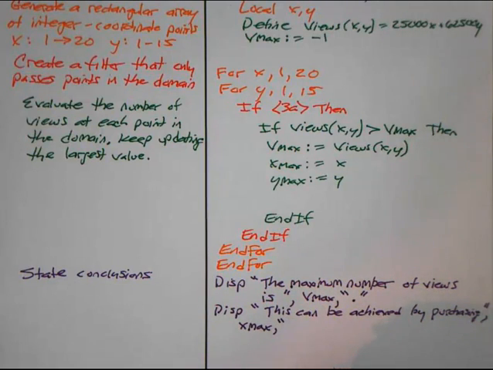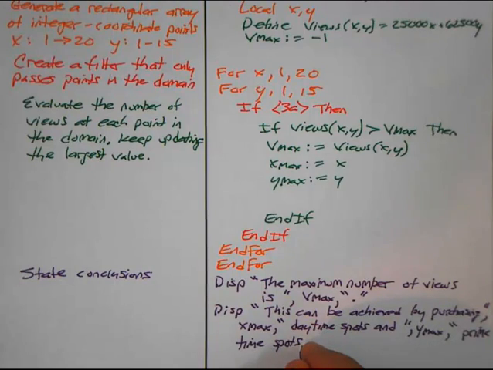So this can be achieved by purchasing Xmax daytime spots, and the quotations and text here, a comma, and here's where Ymax would be recorded. Another comma, and more text to finish the sentence here, primetime spots, and a period, end of text there.